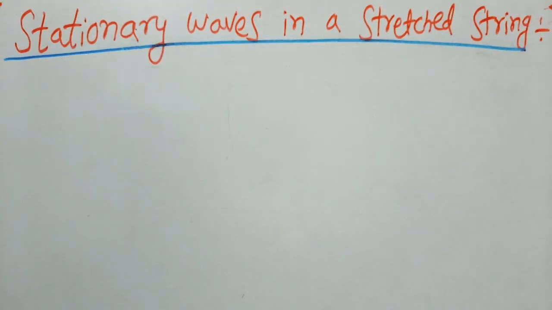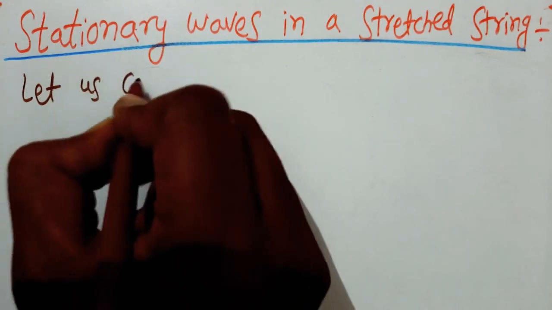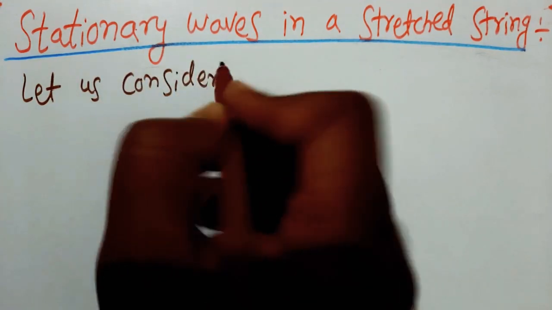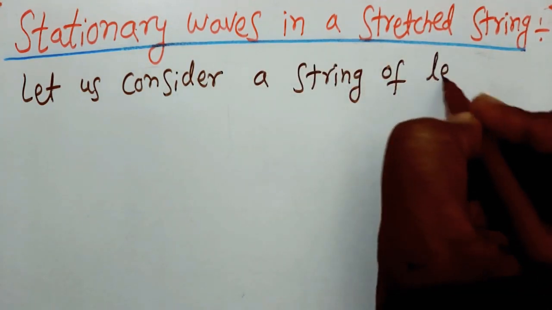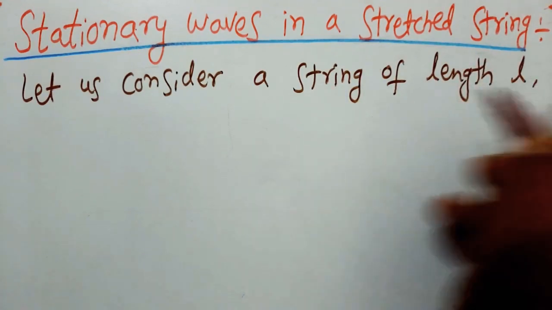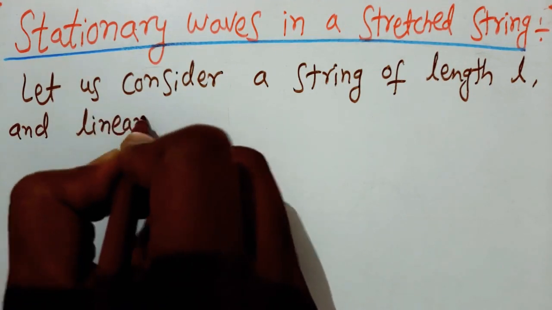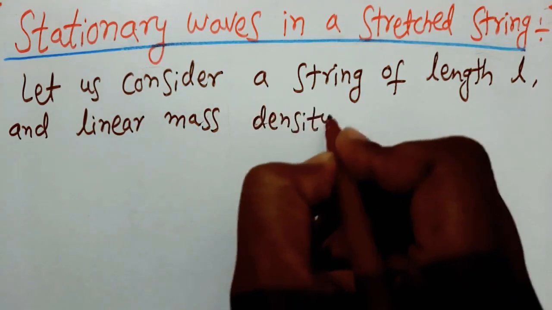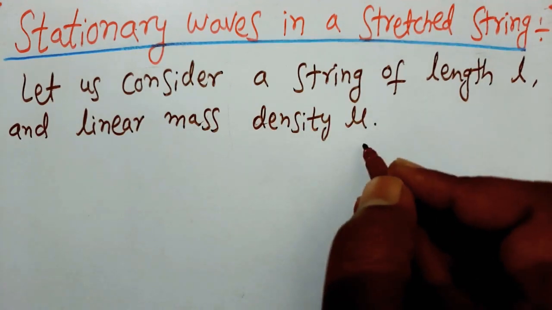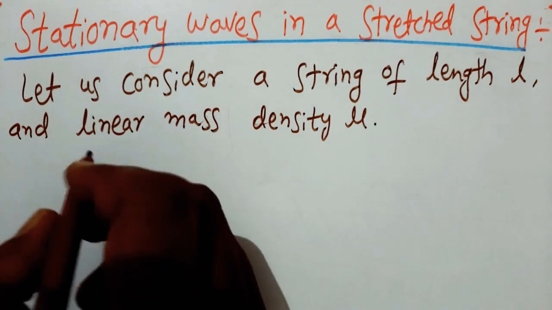Let us consider a string of length L and linear mass density mu, which is under tension T and which is fixed between two rigid supports.